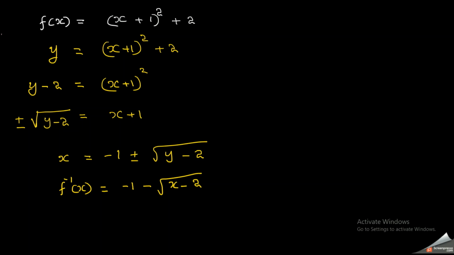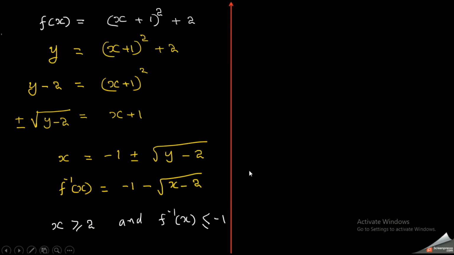The reason is the domain of f(x) is less than or equal to minus 1. The domain of f(x) becomes the range of f inverse x and vice versa. Therefore we can say x is greater than or equal to 2, and f inverse x is less than or equal to minus 1.